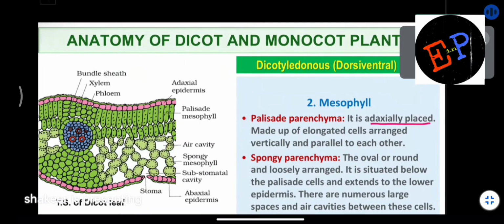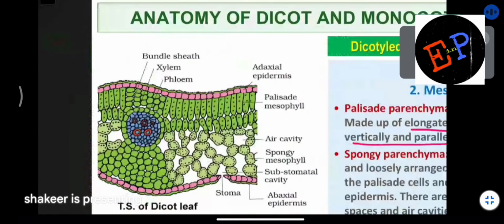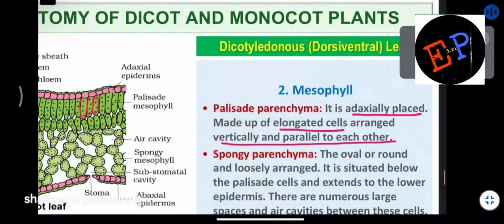It is present on the top of the leaf, the topmost regions of the leaf. And abaxial means it is present on the bottom of the leaf. It is made up of elongated cells arranged vertically and parallel to each other. Here in the figure you can see that all these cells are placed vertically, side by side. So that is the arrangement of palisade parenchyma.